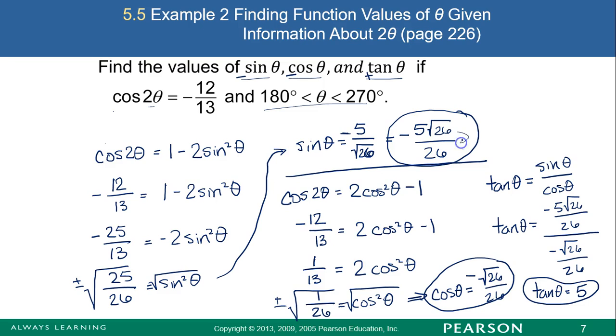So flip these around. Same goes with cosine and secant. And then cotangent, flip this value around too. And know that 5 is like saying 5 over 1, so cotangent would be 1/5. Okay, so that's it for this example.